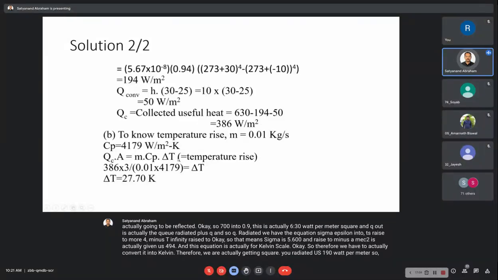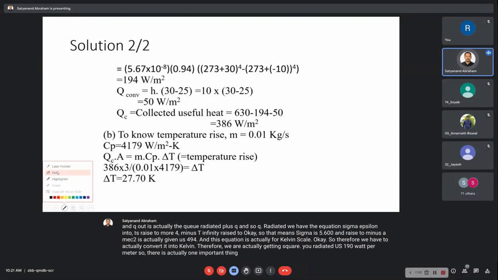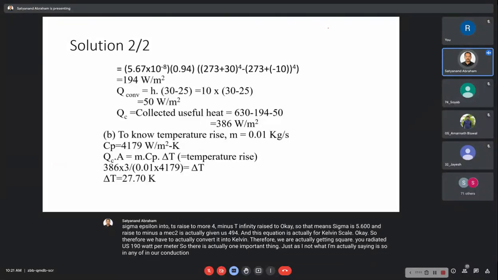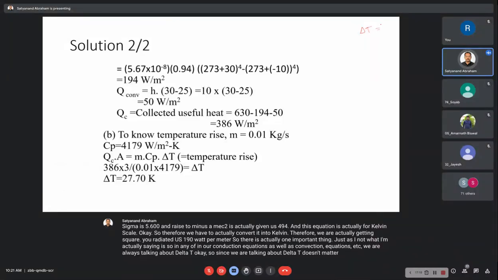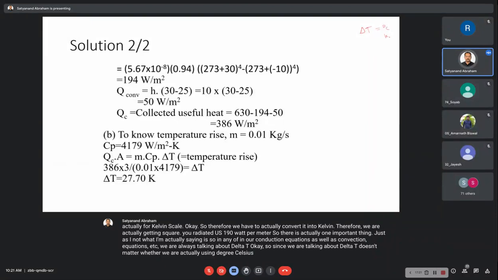So there is one important thing I want to note. In our conduction equations as well as convection equations, we are always talking about delta T. Since we are talking about delta T, it doesn't matter whether we use degree Celsius or Kelvin, because in either case the difference comes to the same.